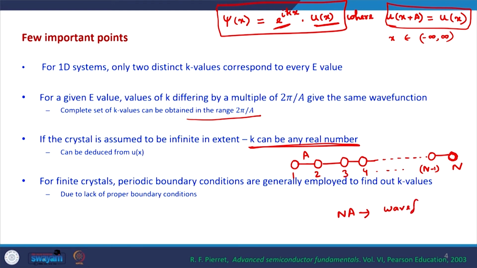What it means is that the wave function at this end of the solid and at that end of the solid will be the same. Mathematically, psi of x plus n a is equal to psi of x.